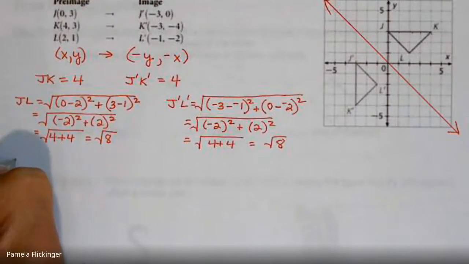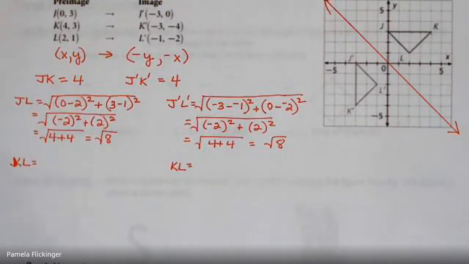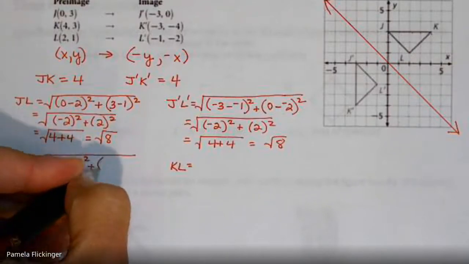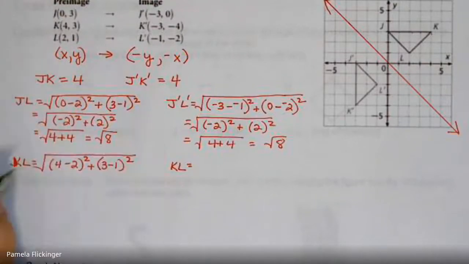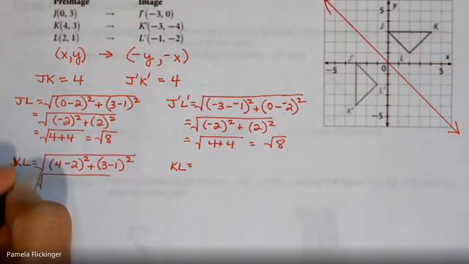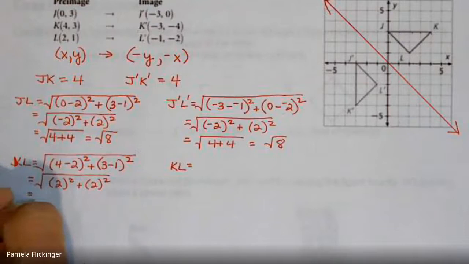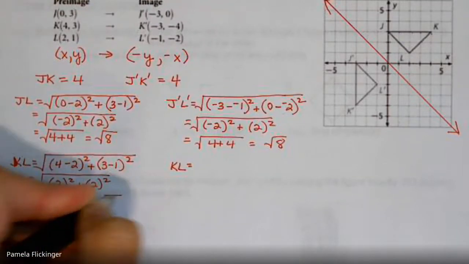All right, so we now need to do KL. Points K and L, so I'm going to do 4 minus 2, quantity squared, plus 3 minus 1, quantity squared. So we'll have 2 squared plus 2 squared, which is 4 plus 4, which again is the square root of 8.